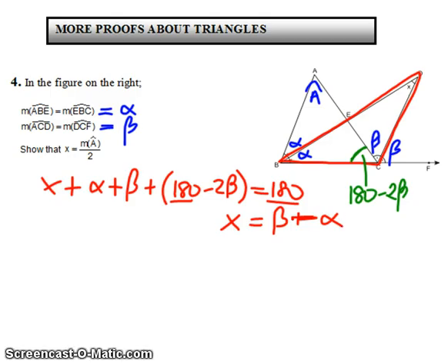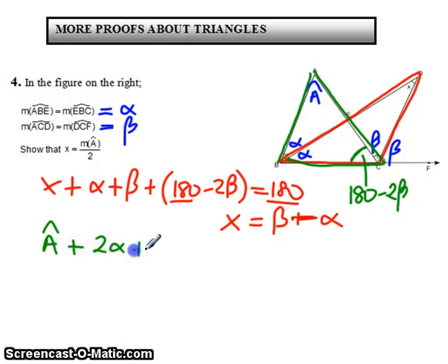Now let's see if we can relate beta and alpha to our measure of angle A. So we'll use this triangle here, ABC. See if you can use those angles in that green triangle to find an expression for the measure of angle A. Alright, so we can see that the measure of angle A plus 2 alpha plus 180 minus 2 beta is equal to 180 degrees.